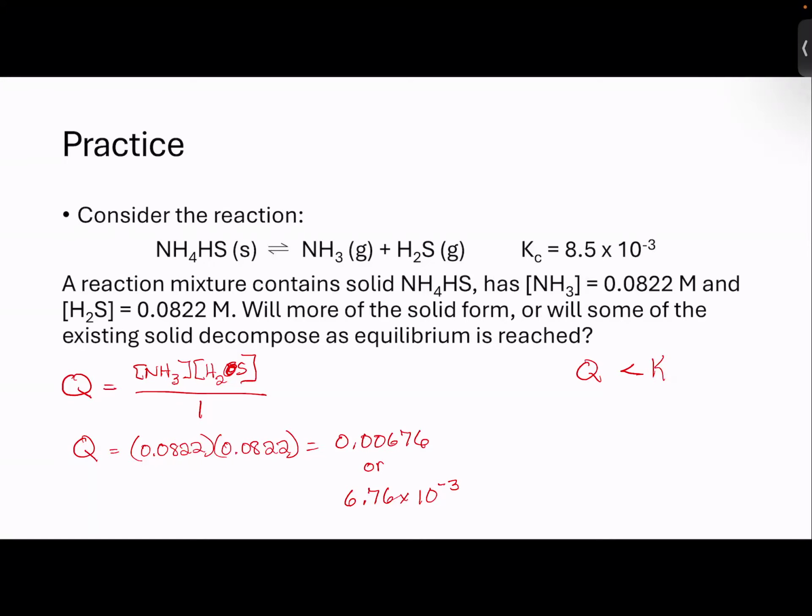Since Q is less than K, it means that the reaction proceeds in the forward direction to make more product.